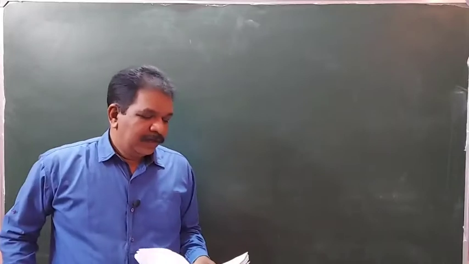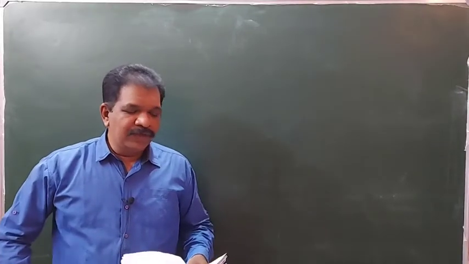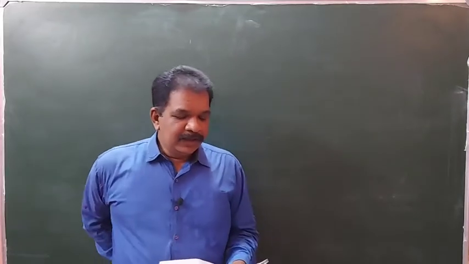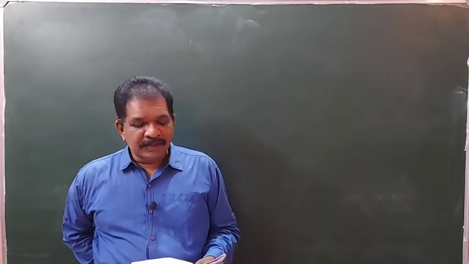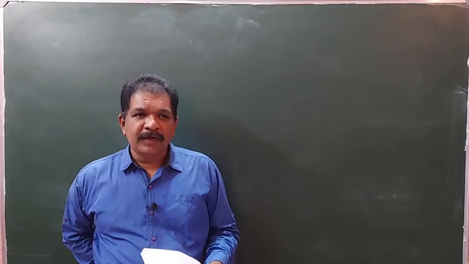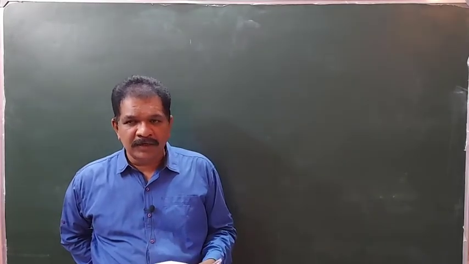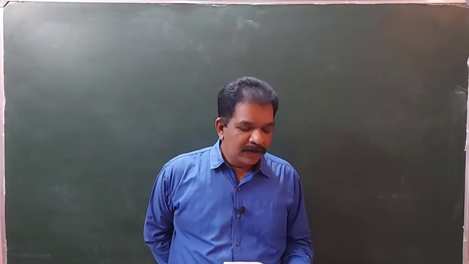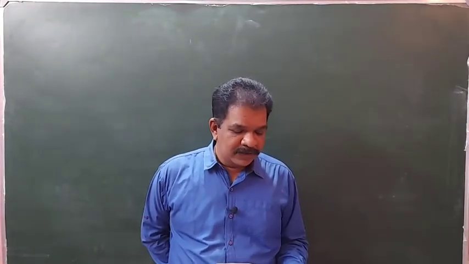In which one of the following situations can the equations of kinematics not be used? Kinematics equations we cannot use in a particular situation. What are those situations they are asking?